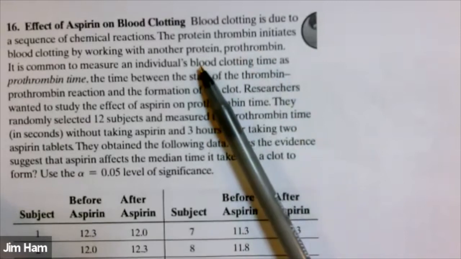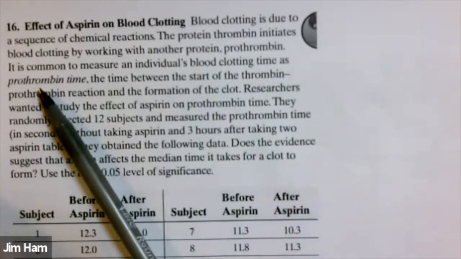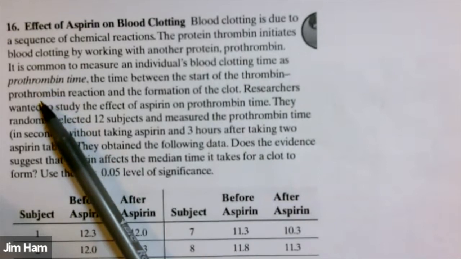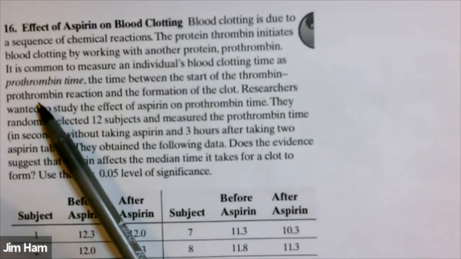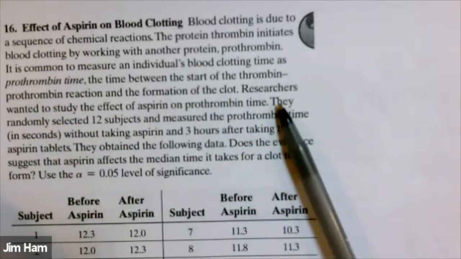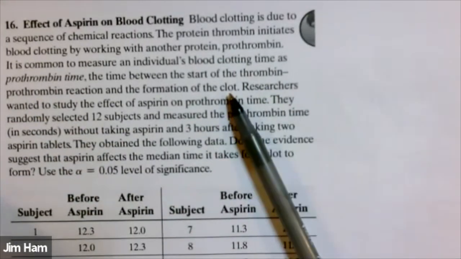It is common to measure an individual's blood clotting as prothrombin time. How long does it take after aspirin has been consumed in order for the blood to unclot? Or clot, however they're considering this. So aspirin is supposed to thin out the blood, which would lead to fewer clotting issues.